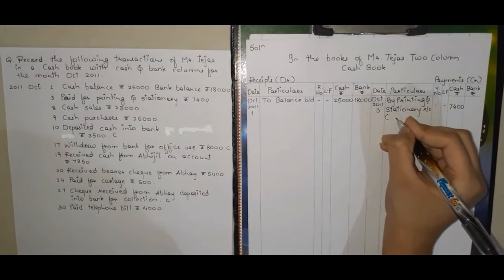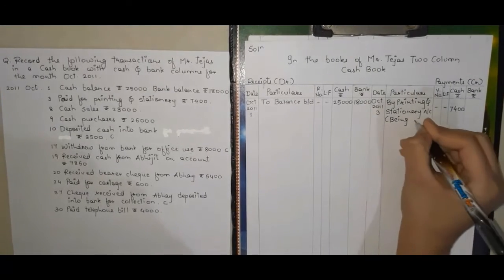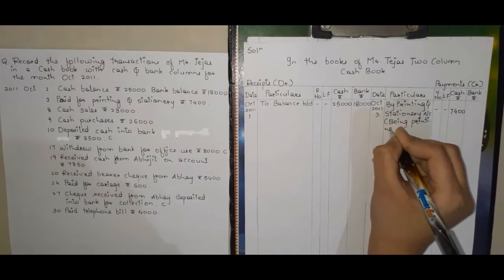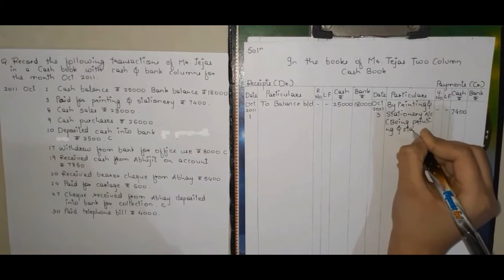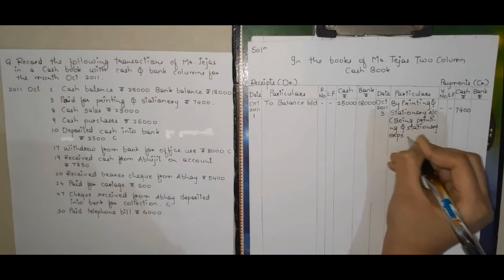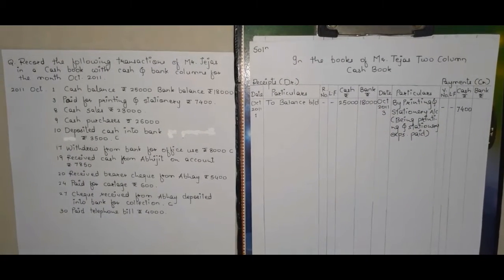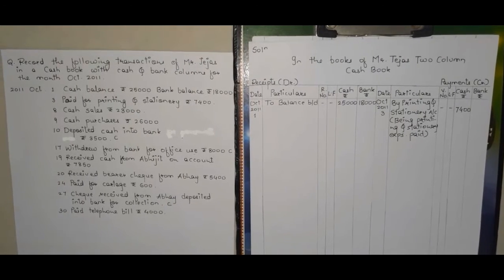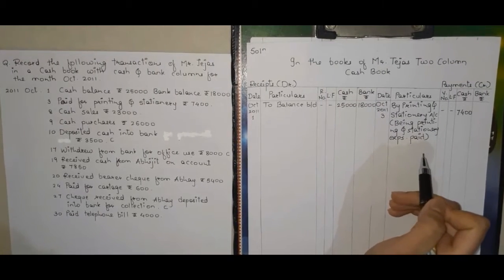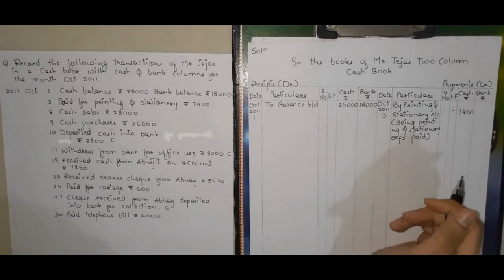Narration for this transaction being printing and stationery expenses paid. Okay, so after completion of writing down the transaction, we don't forget to write down the narration. So this is how I've written the narration. It is really very congested over here, but I hope you understood.